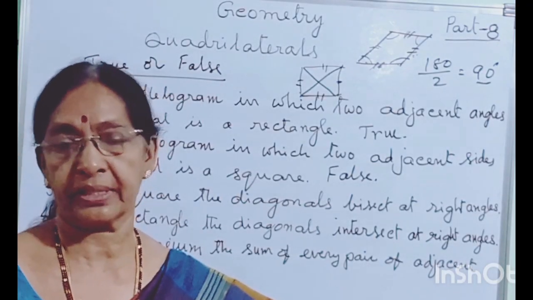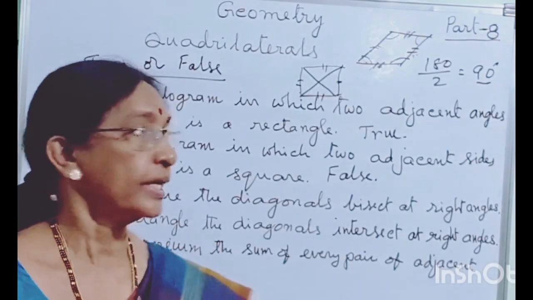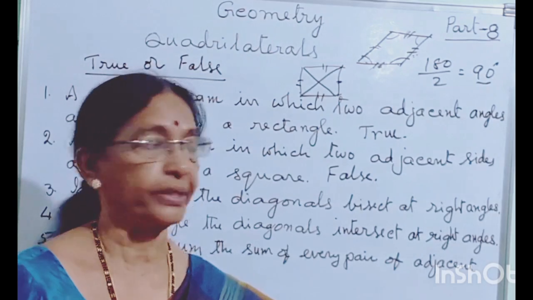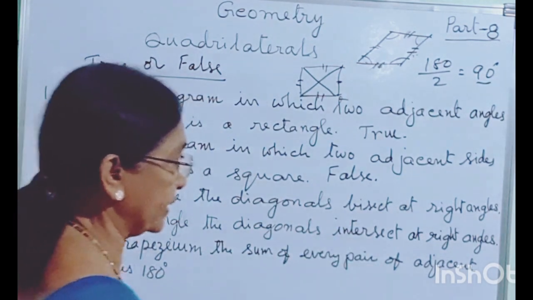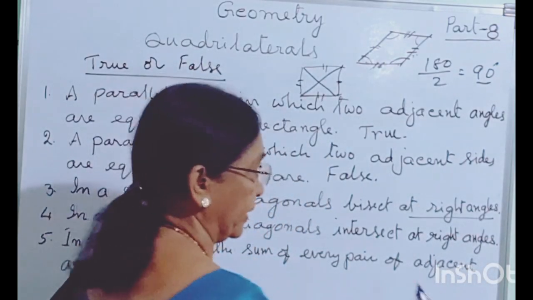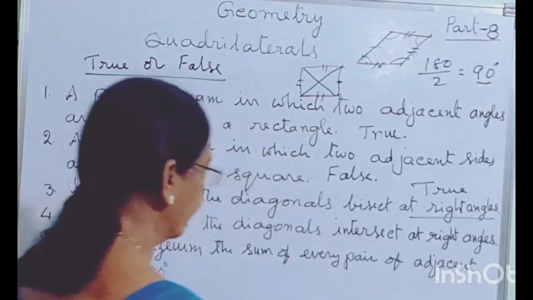Even in rhombus, the four sides are equal, the diagonals bisect perpendicularly. Similarly, in a square also, the diagonals bisect perpendicularly. So, in a square, the diagonals bisect at right angles. At right angles means at 90 degrees perpendicularly. So, this statement is also true.